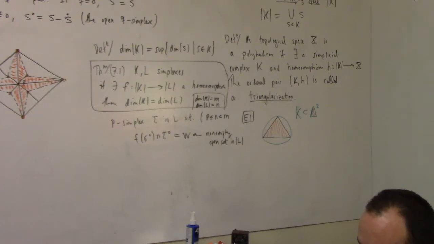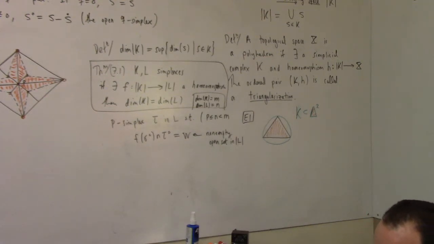Then what? Choose a homeomorphism of the M simplex to sigma, where the boundary of the M simplex maps to the boundary of sigma. Then U is the inverse image under phi.